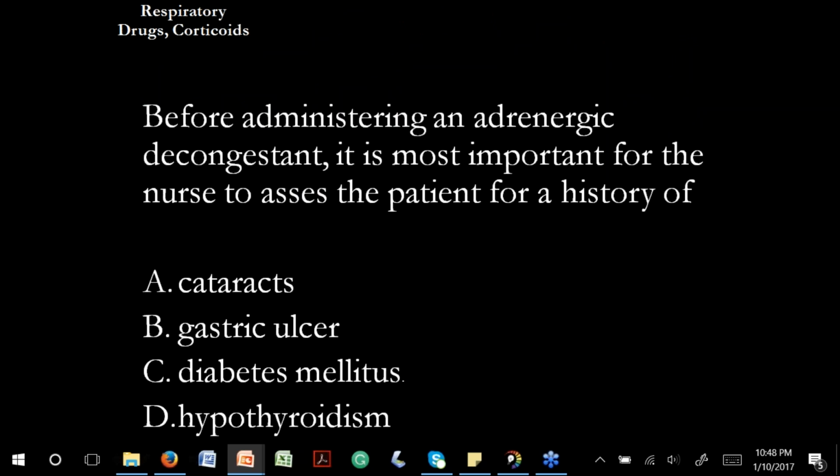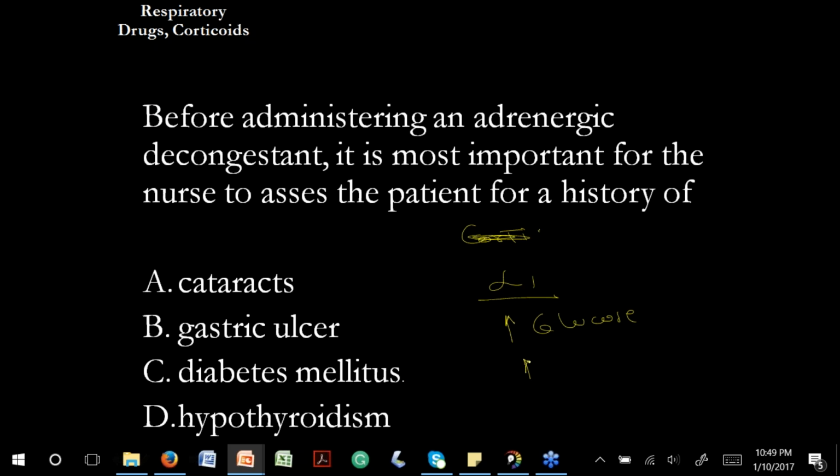Before administering a decongestant, it is most important for a nurse to assess the patient for a history of diabetes mellitus. Why? Alpha-1 is going to increase the glucose in blood.